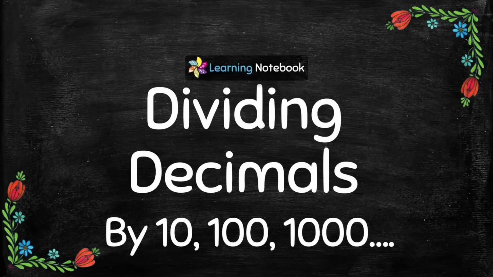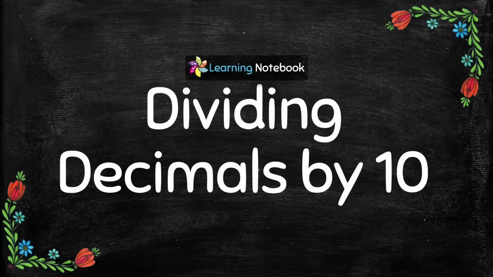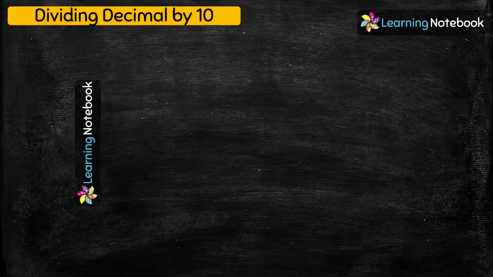Now our next topic is dividing decimals by 10, 100 or 1000. First we will learn how to divide decimals by 10. Question is, divide 16.5 by 10.